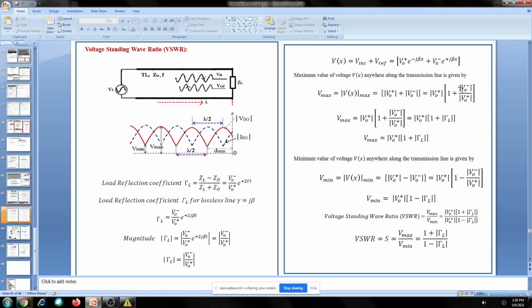What is this? This is the magnitude of the reflection coefficient, the load reflection coefficient. So I have substituted the magnitude of Γ_L, which is from here. Γ_L is given by this equation, you take the magnitude of this, that is V naught minus divided by V naught plus, which is equal to the magnitude of Γ_L.